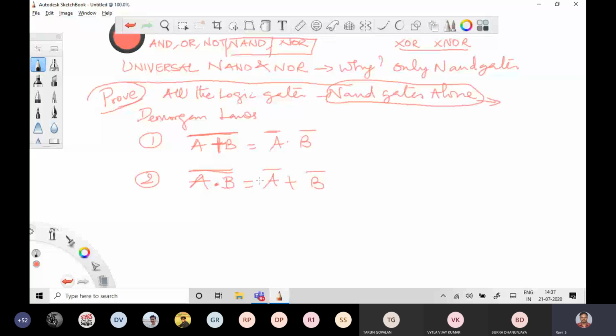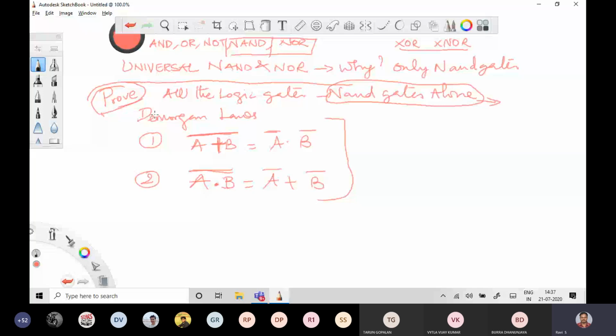This is applicable for A plus B the whole bar, A plus B plus C the whole bar, A plus B plus C plus D the whole bar. All variables you can join, and on the right-hand side you write A bar dot B bar dot C bar dot D bar. Similarly, A dot B the whole bar is equal to A bar plus B bar. Just remember this.